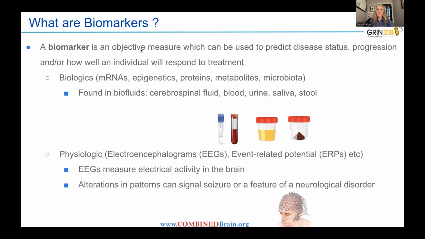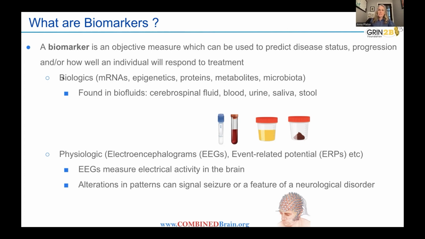The really interesting, important thing here is that we use the term objective, right? It's not based upon how you feel or how your parent or caregiver thinks you feel. It's an objective measure. These are really important to include in clinical trials, particularly when you're looking at the effect of a particular intervention, because this is objective. There is no subjective part of this to determine whether something is actually getting better or getting worse.